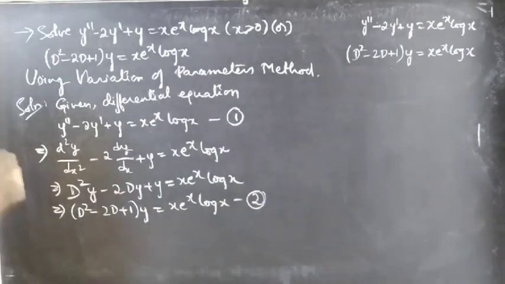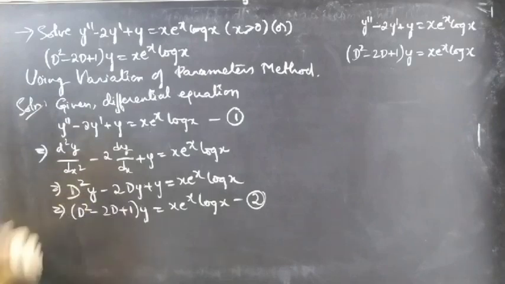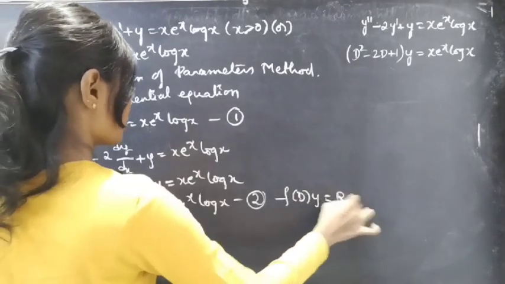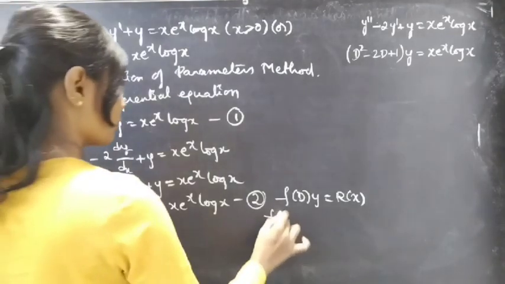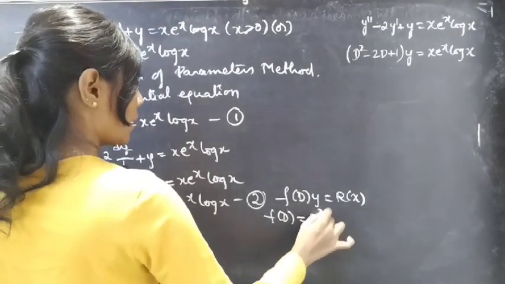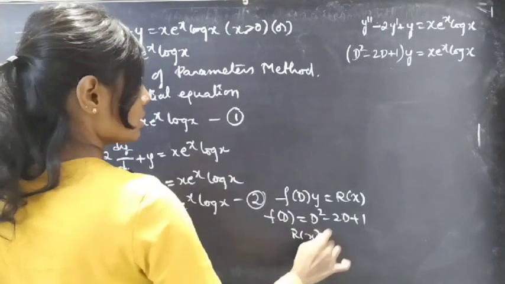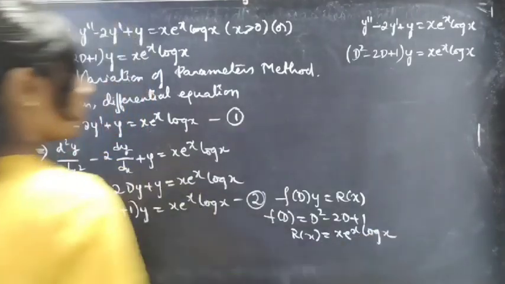Consider as equation 2. The equation in operator form is our equation 2, right? Say it is of the form f of D into y equal to some function of x, where f of D is D square minus 2D plus 1 and r of x is x e power x log x.